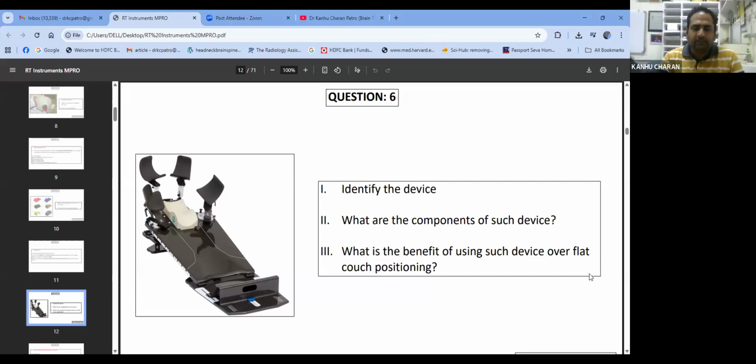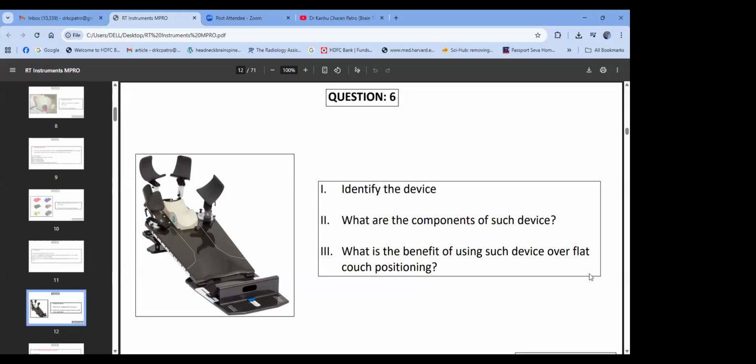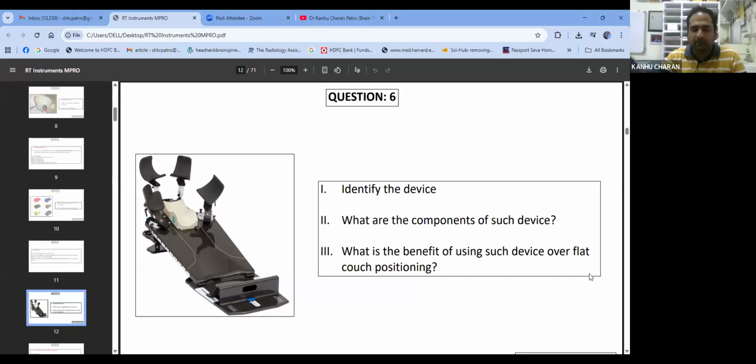So let's say, can you think of a palliative setting where this can be used? If the patient is not able to lie flat.